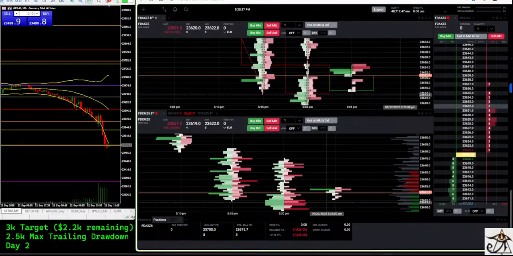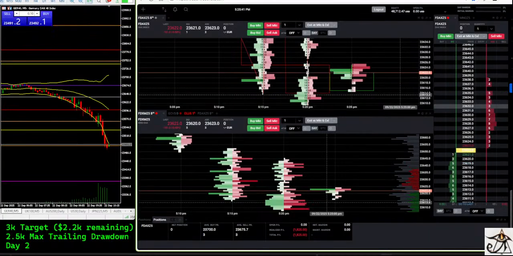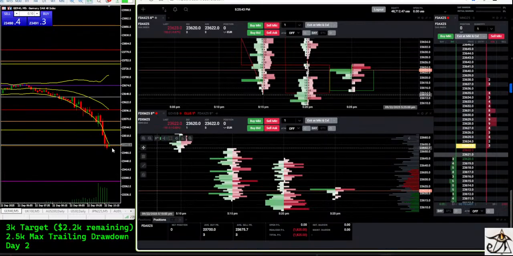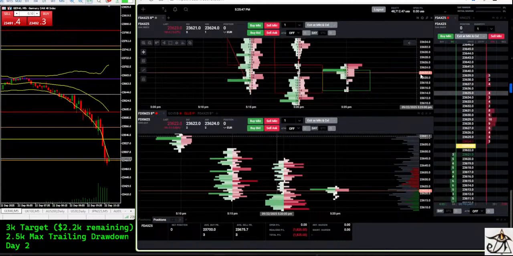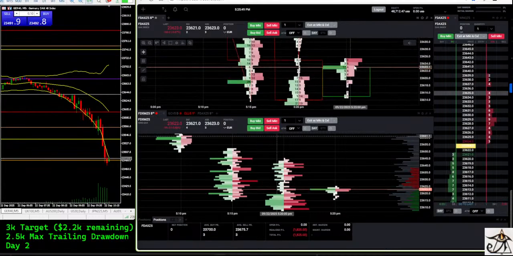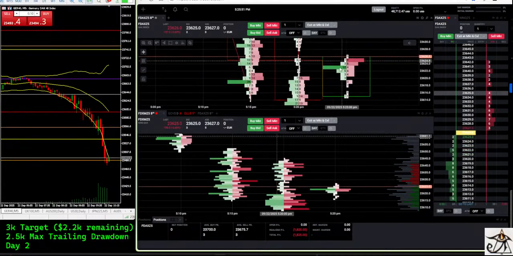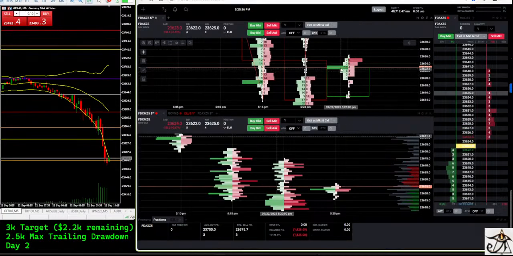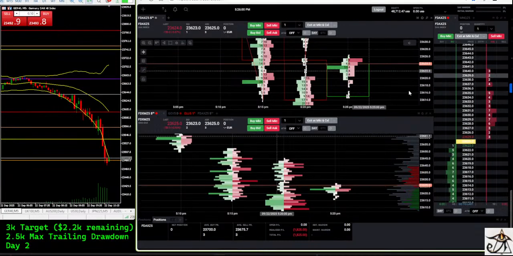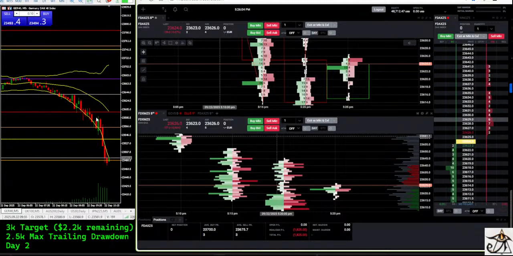Now this does happen from time to time where the market kind of gives you a bit of false hope. It looks like it's going to turn around. Bit of action there, but again, aggressive selling. It's not quite the activity that I'm expecting when there's an extreme gap on the table.